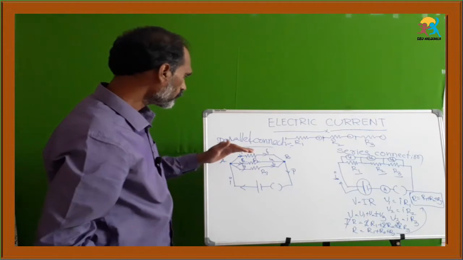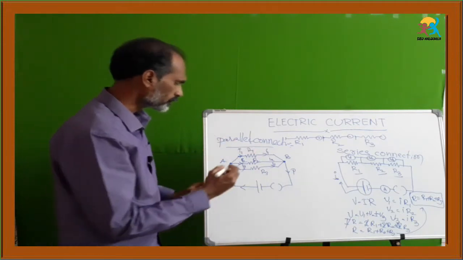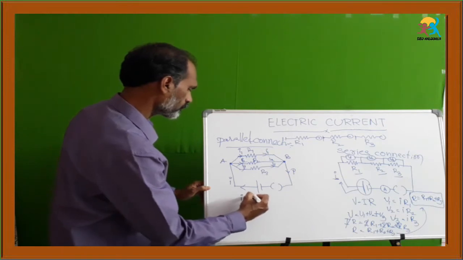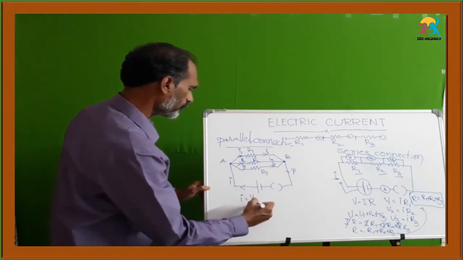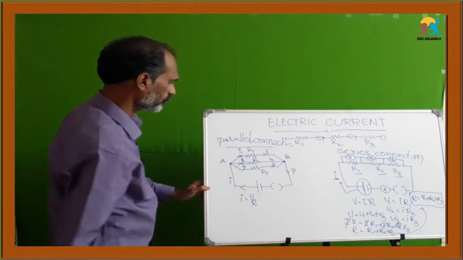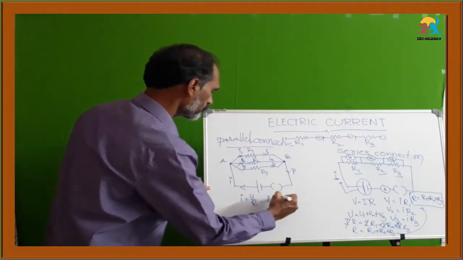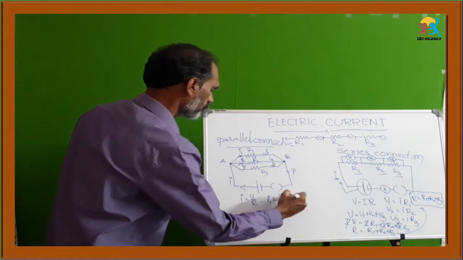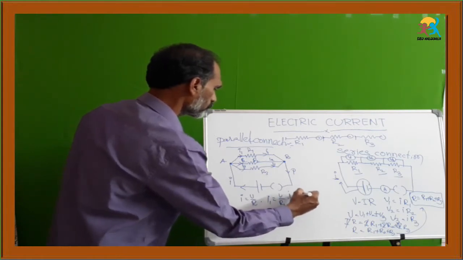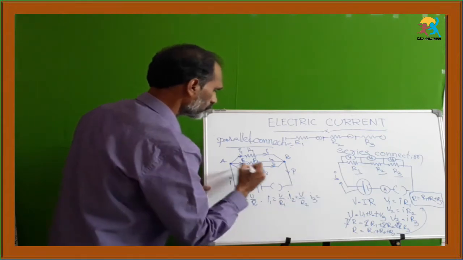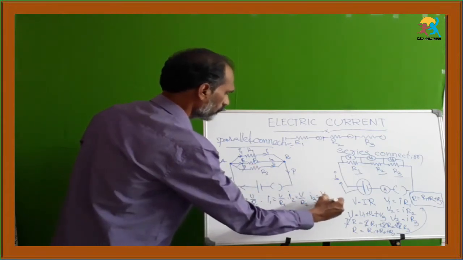Okay, next we come to the parallel connection. See here, I equals V by R. In the same way, I1 equals V by R1, I2 equals V by R2, and I3 equals V by R3.